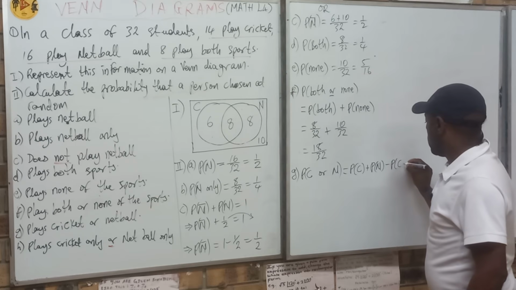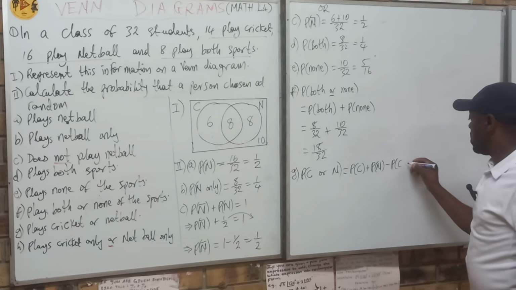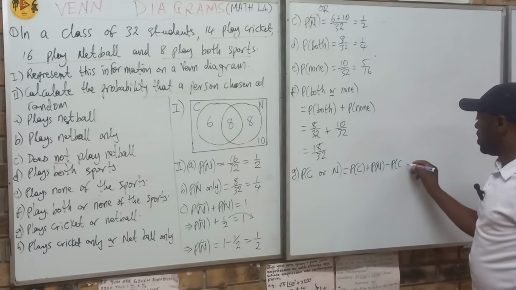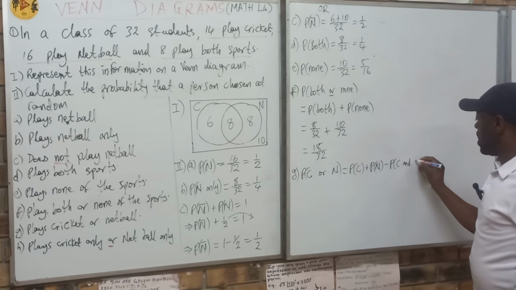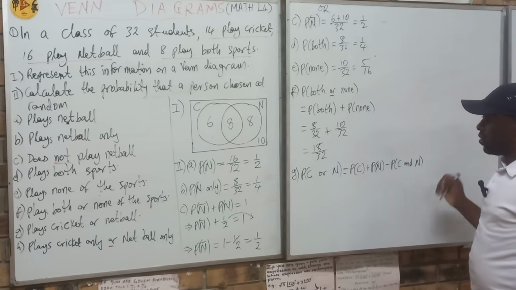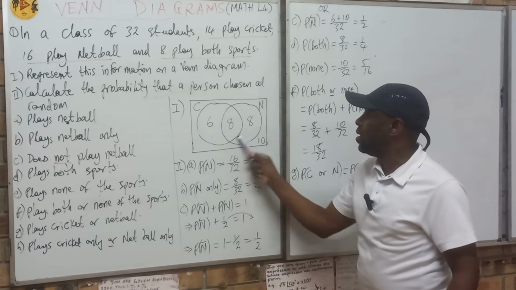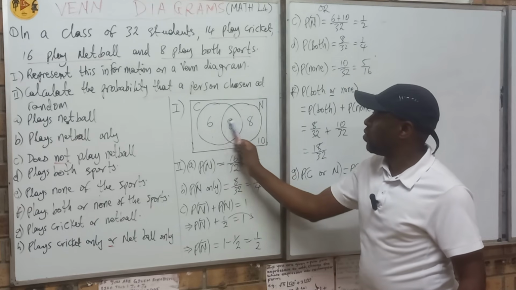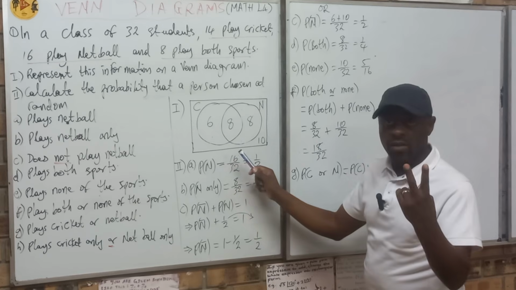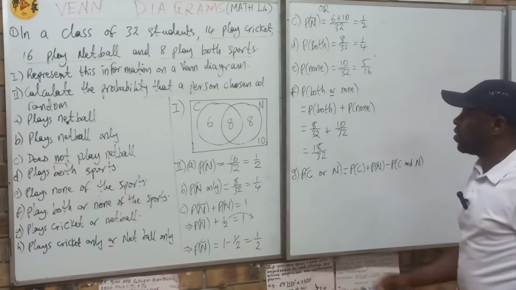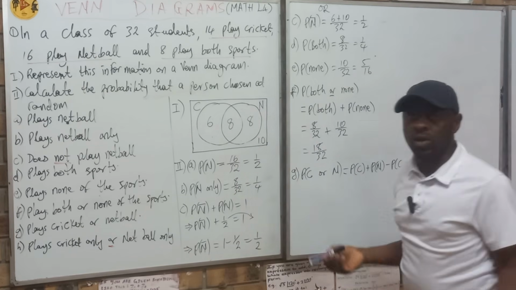The probability of C or N is the probability of C plus the probability of N minus the probability of C and N. And just to help you understand why the formula is like this, it's simply because when I take C and I take N, I pass through the point C and N twice. So you have to subtract one of them because you have to use each portion only once.